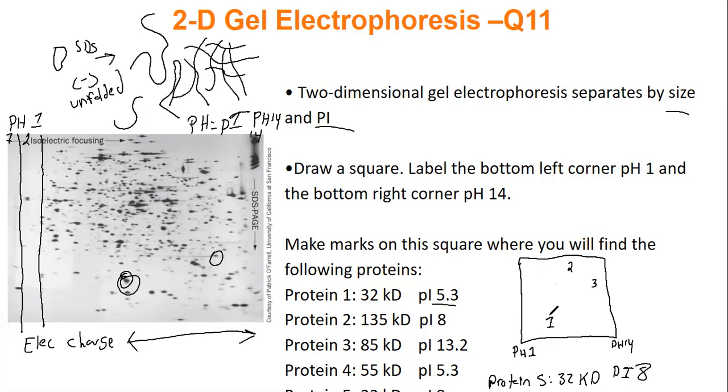It is heavier than protein 1, lighter than protein 3, so it's going to be between those two. So it'll be like right here. Then protein 5, it has the same weight as protein 1, so it's going to be in the same row. Same PI as protein 2, so it's going to be roughly right here.